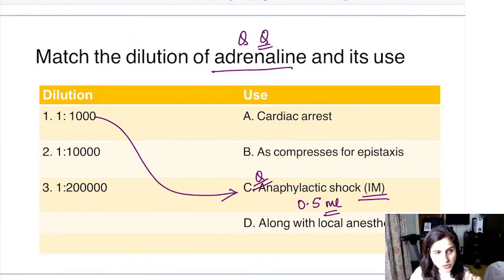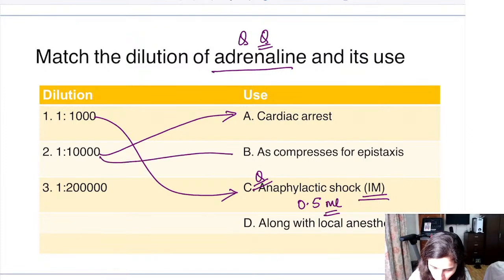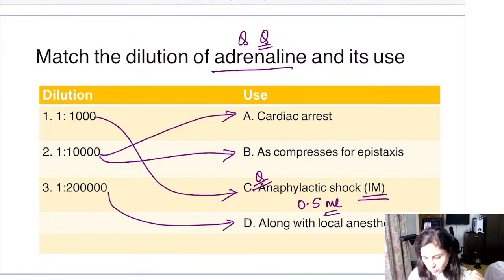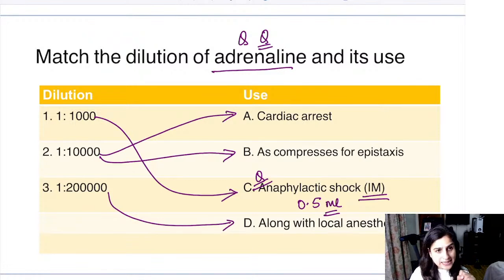Then 1 in 10,000. 1 is C. 1 in 10,000 is used for cardiac arrest. And 1 in 10,000 is also used for epistaxis. If there is local bleeding, a compress of 1 in 10,000. 1 in 2 lakh to 1 in 80,000 we use along with the local anesthetic as a vasoconstrictor.